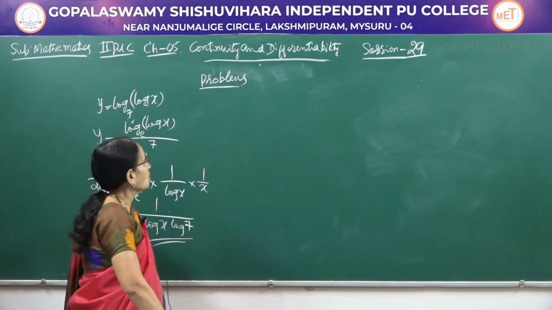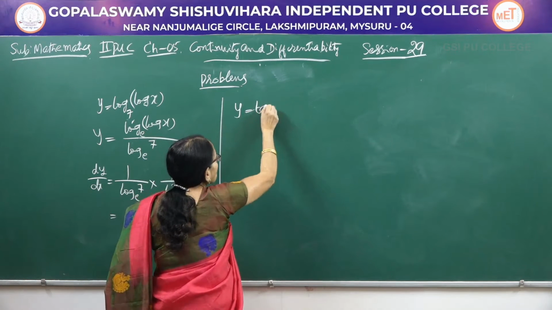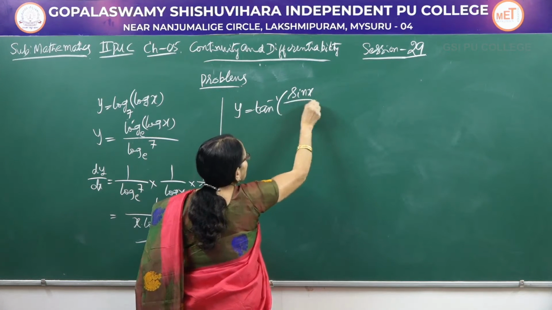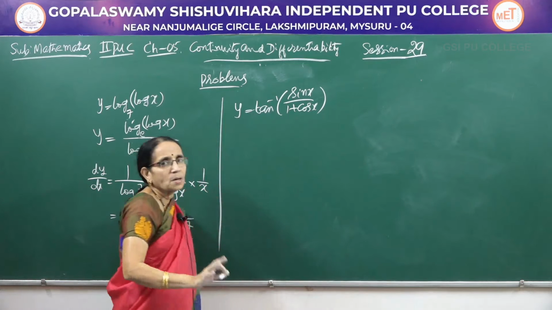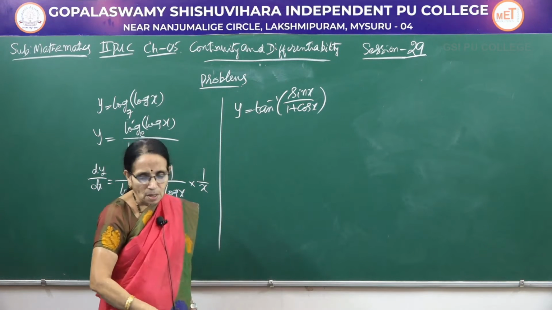Now another problem, if y is equal to tan inverse of sin x divided by 1 plus cos x, find the first derivative, find dy by dx here.